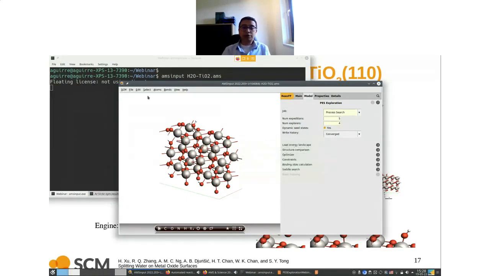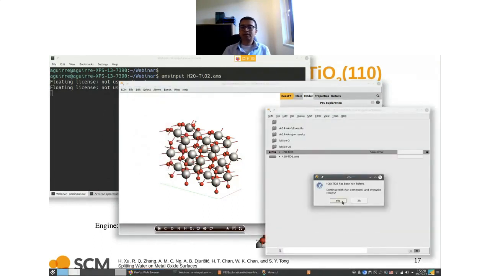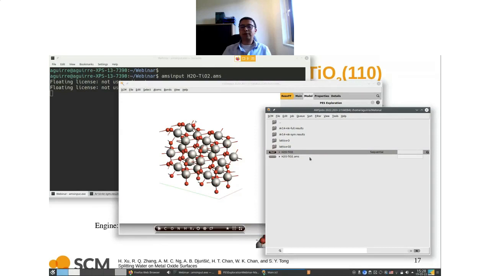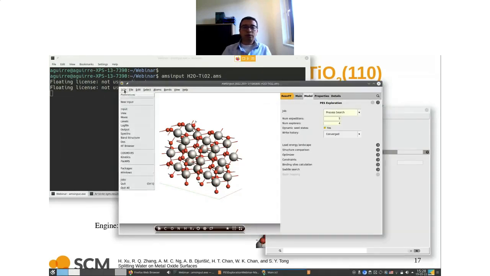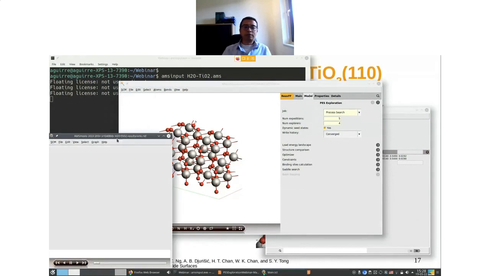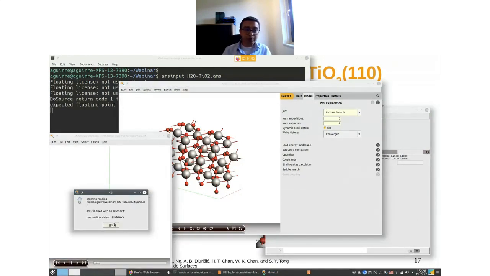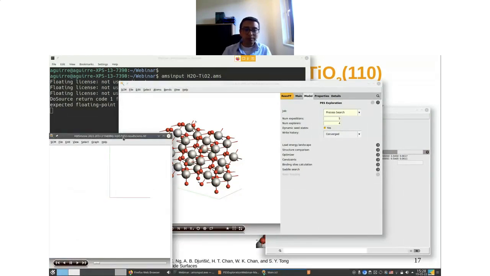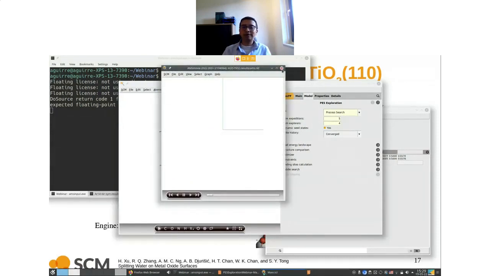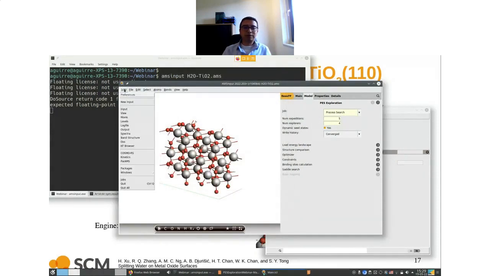In principle, you just have to run the system, execute the file. So you can see in AMS movie here how the simulation progressed. Oh, it failed. So let's see again.